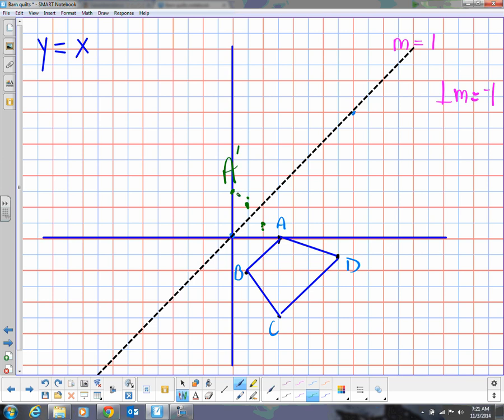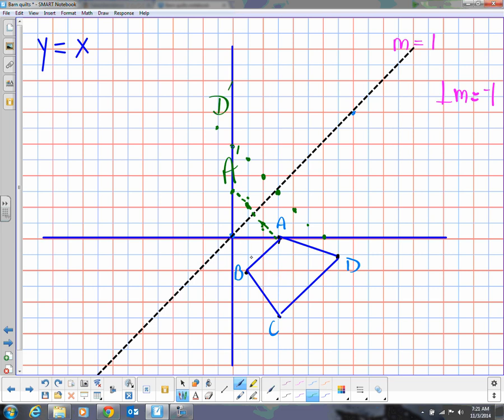This length right here, that line should bisect it. So from D, we're going to go up 1 over 1, up 1, 2, 1, 2, 3, 4. How many do I have to go in the other direction? 1, 2, 3, 4. That's D prime.